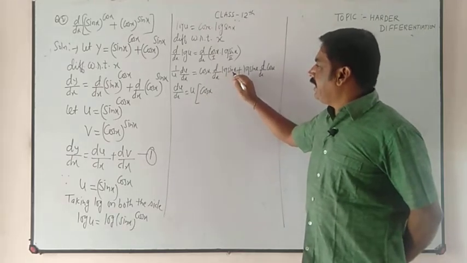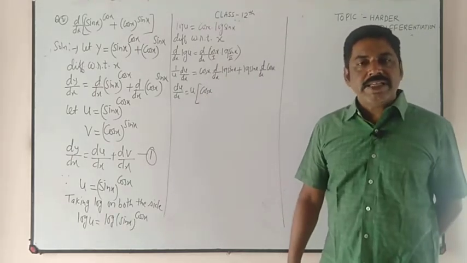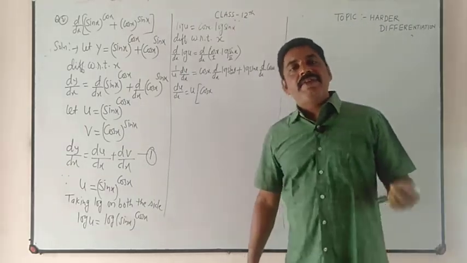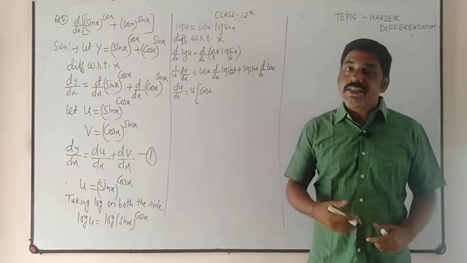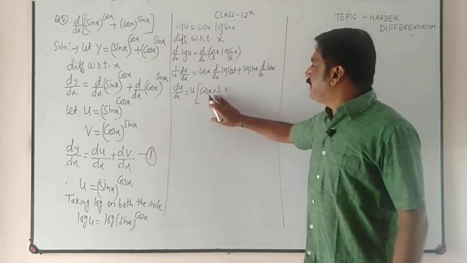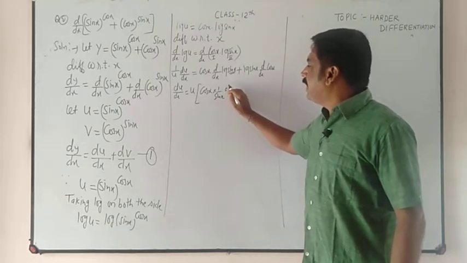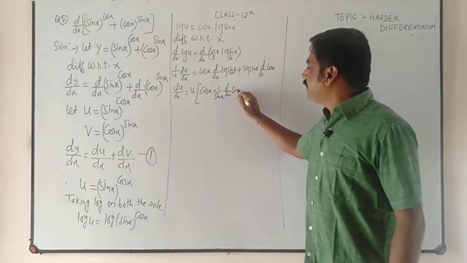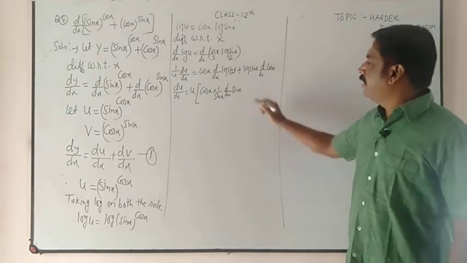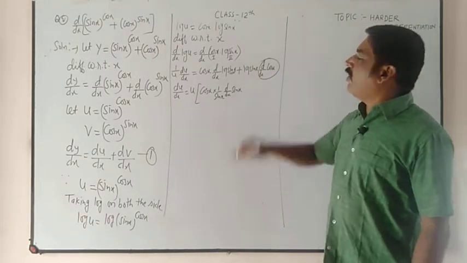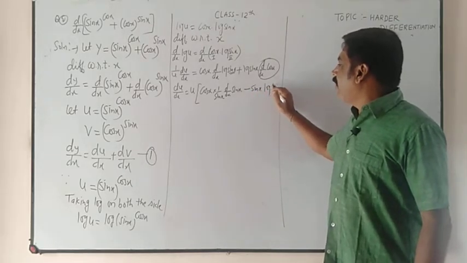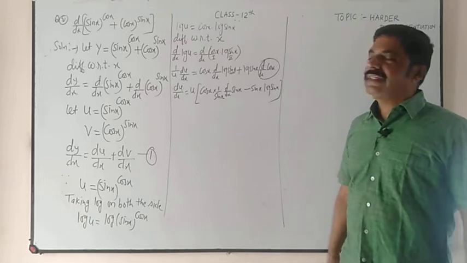du upon dx is equal to u in bracket cos x. Differentiation of log sin x, we don't know the differentiation of log sin x. So take sin x as t, log t. Differentiation of log t with respect to t is 1 upon t. That means 1 upon sin x and d upon dx of sin x. The one we take as t, afterwards we differentiate it. Now differentiation of cos x is minus sin x, so minus sin x log of sin x, right?